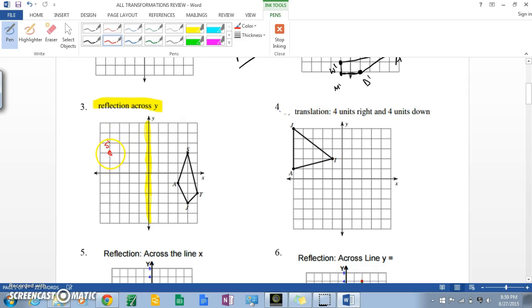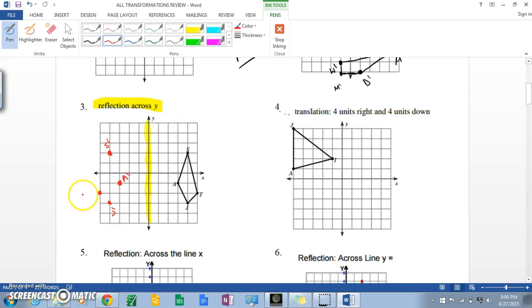This becomes S prime. Same thing for A, 1, 2, 3 and 1, 2, 3. A prime. T, 1, 2, 3, 4, 5 and 1, 2, 3, 4, 5. And J, 1, 2, 3, 4 and 1, 2, 3, 4.